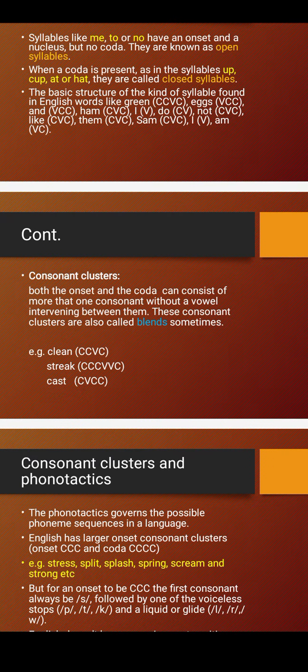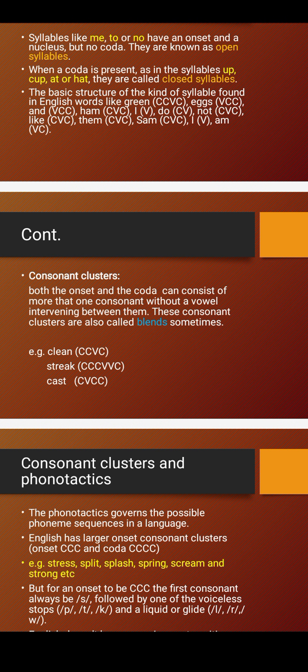We have already discussed consonant clusters, but I want to add one thing here. In English, we can have as many as three consonants in the onset. Three consonant letters from the English alphabet can occur together in the onset part of the syllable.